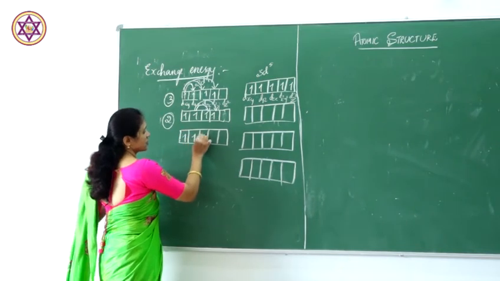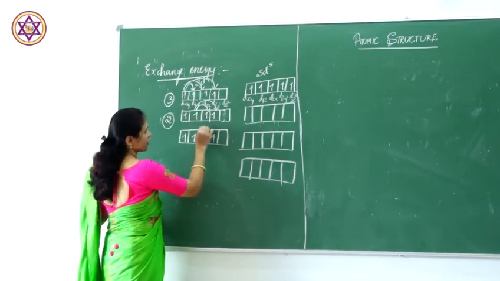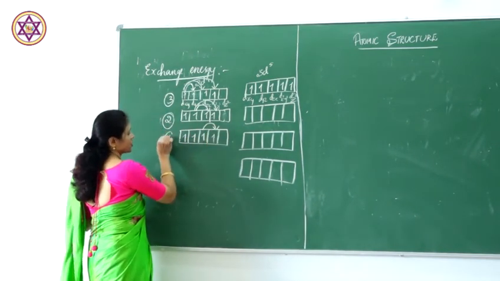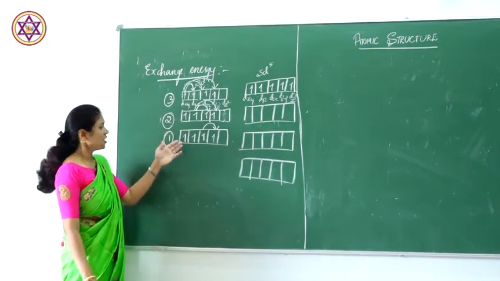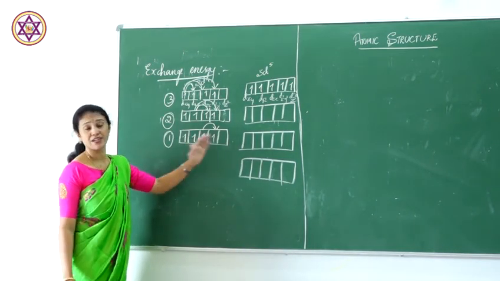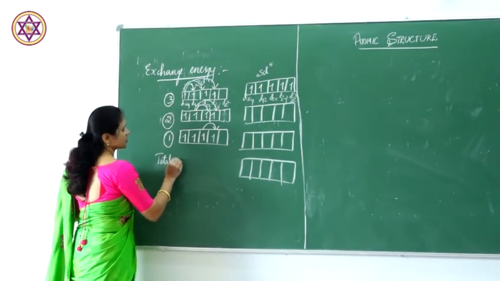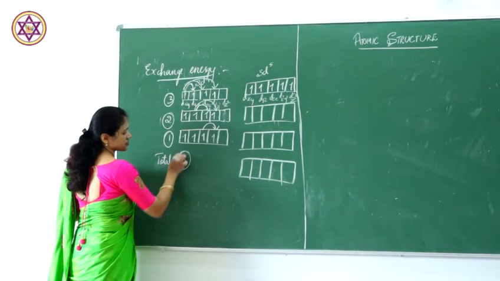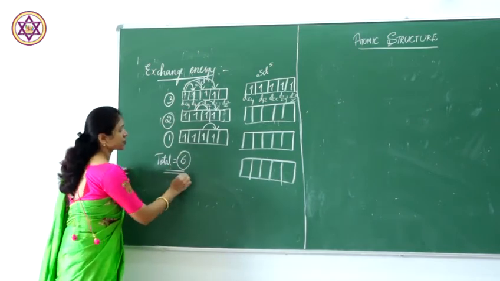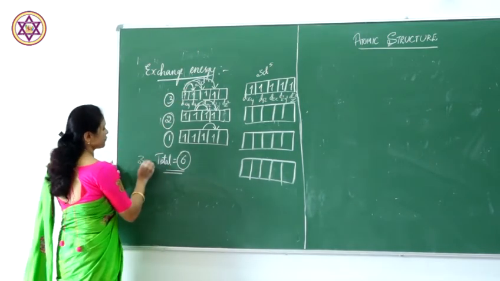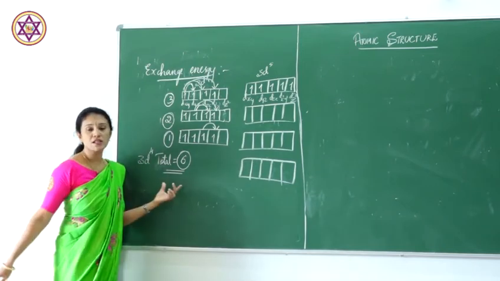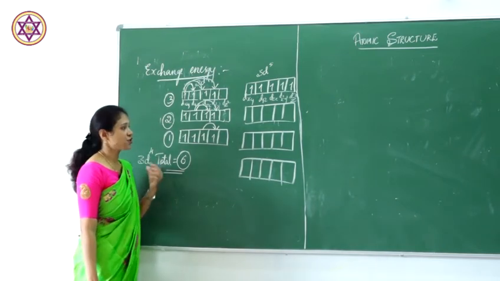For the third electron, 1 exchange is possible, because the others are already exchanged. So the total number of exchanges is 6. There are a total of 6 exchanges taking place in 3d4.